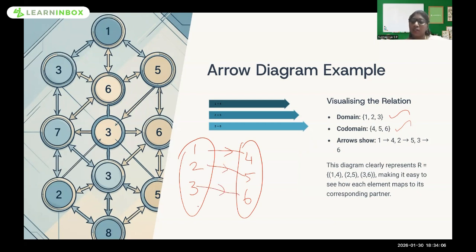So the diagram clearly represents that the relation is (1, 4), (2, 5), and (3, 6). Here I have written the ordered pairs. See, in many ways you can match your 1, 2, 3, etc. or a, b, c, etc.